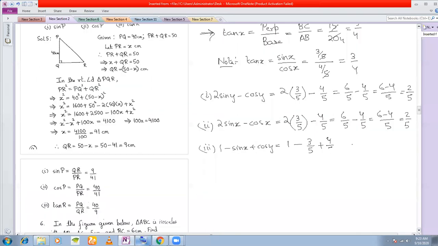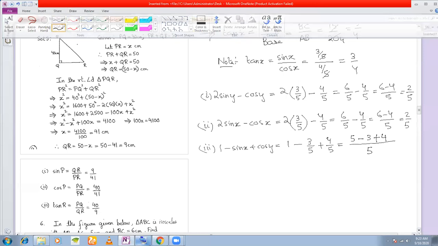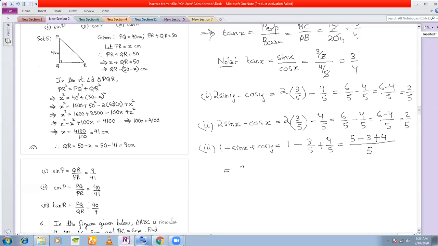So now you take the LCM, find out 5 minus 3 plus 4, which means this is 9 minus 3 by 5, which is 6 by 5.